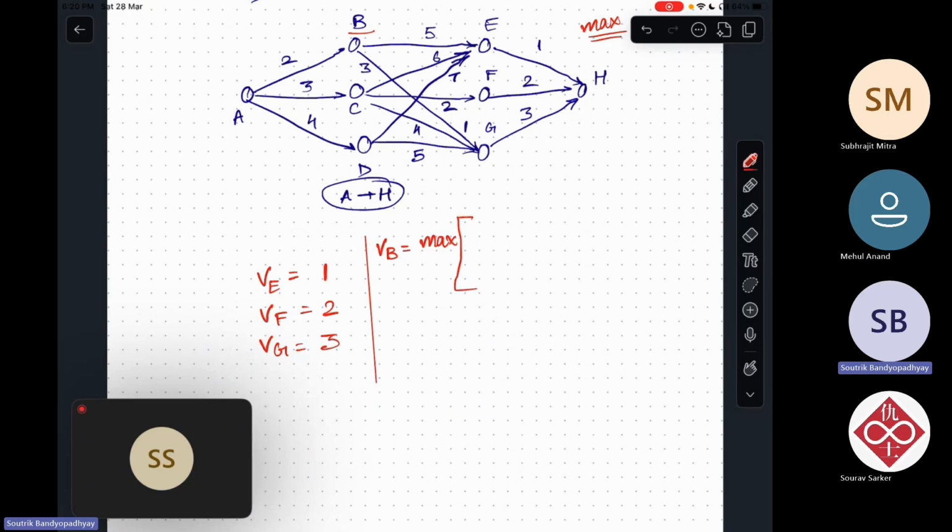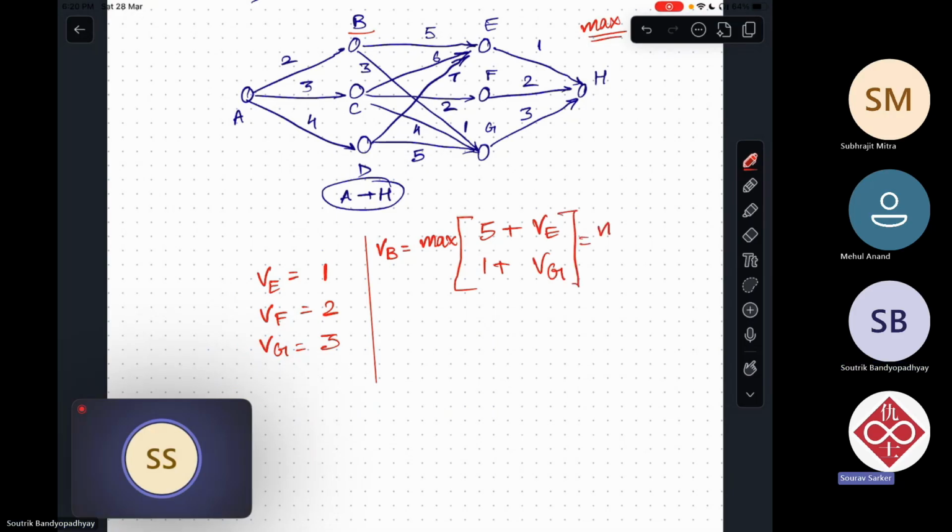There is a chain from B to E, which costs 5, and we can add the value of E. There is another chain which is B to G, which costs 1 and the value of G, right? So let's substitute these values, which is nothing but max of 5 plus V of E, which is 6, and 1 plus V of G, which is 4. So max of 6 and 4 becomes 6.